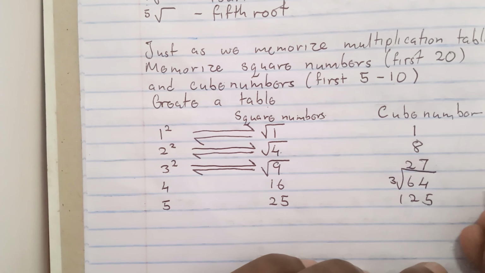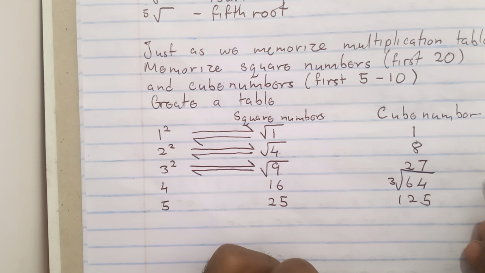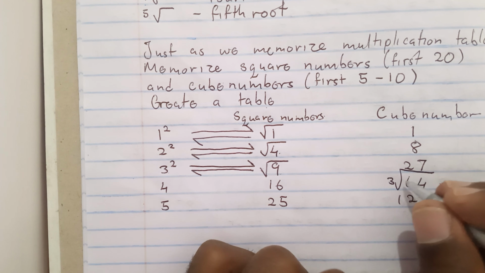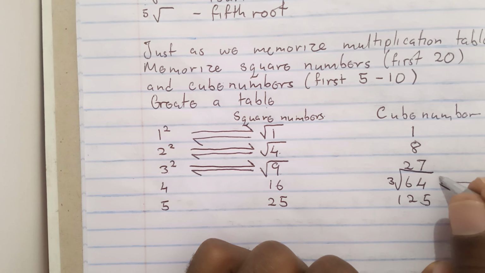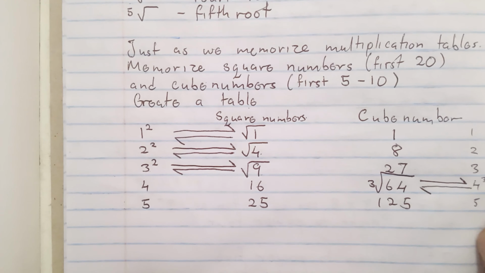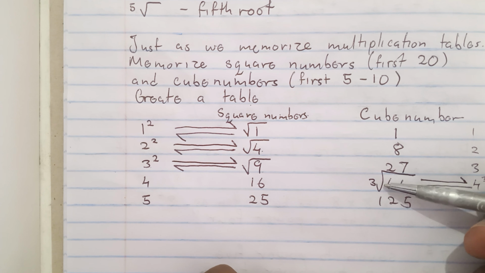So 4 cubed is 64, so the cube root of 64 gives us 4. By mastering the numbers, operating these becomes very simple, and you're able to know interchangeably where they are.